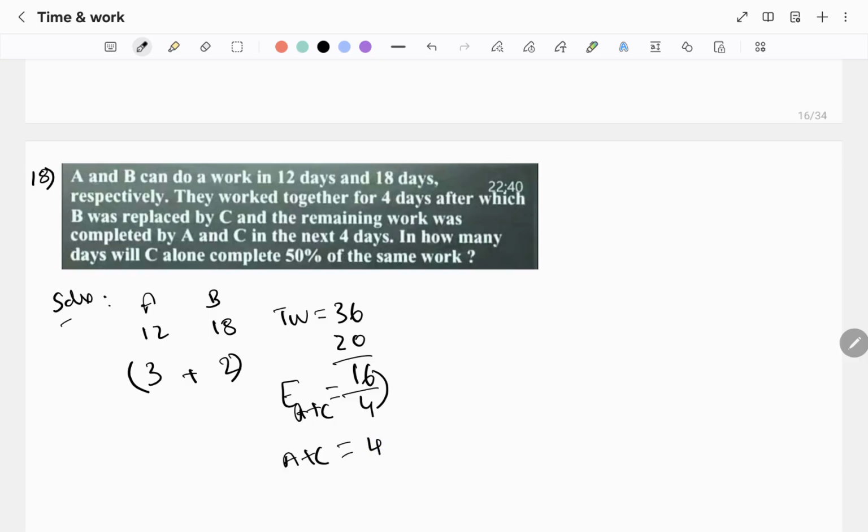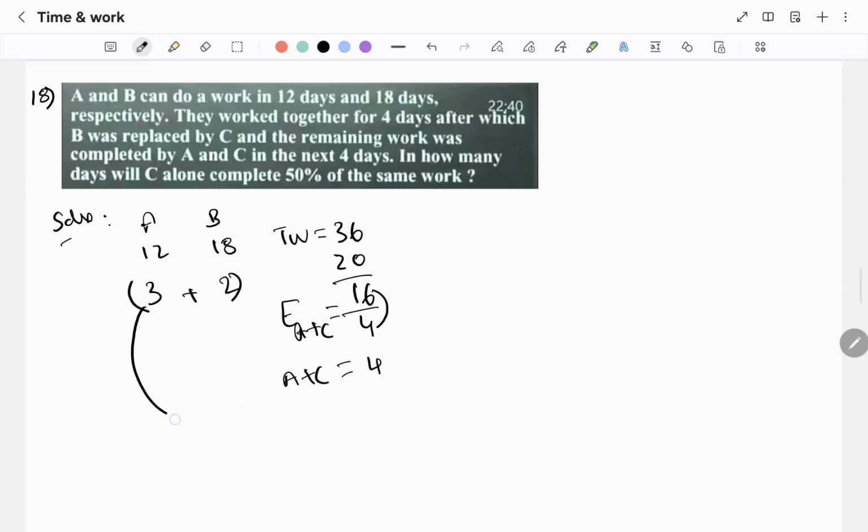Then A's efficiency is already 3. Then C's efficiency must be 1. Now C's efficiency is 1, means to complete 36 parts of the work C takes 36 days. To complete 50% of the work it takes 18 days. Hope you understood this.